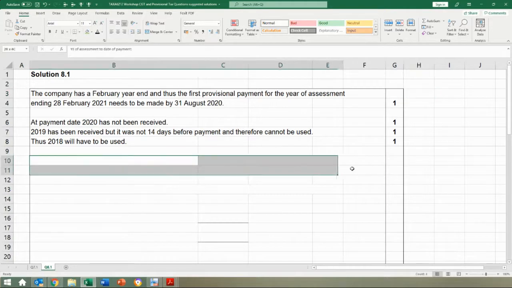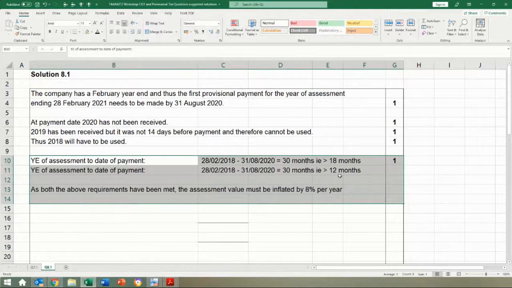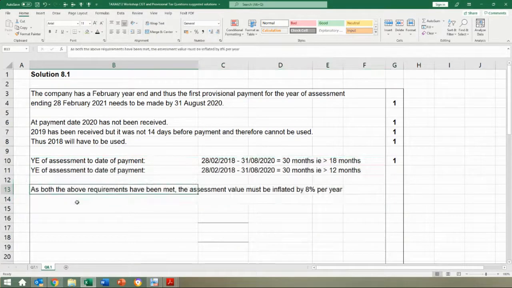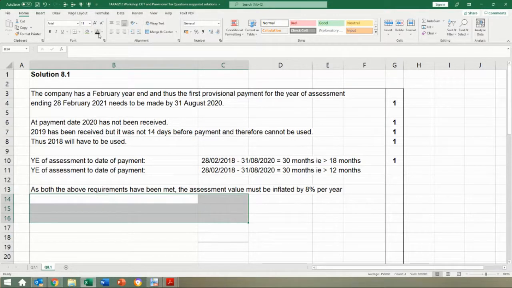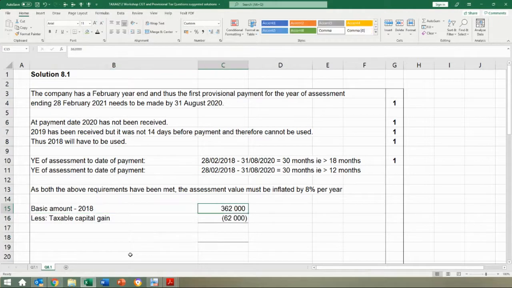So you start with the basic amount, and then you increase it because we are more than the requirements. So now we have to inflate it by 8% per year. Doing that calculation, you start with the basic amount for 2018 of 362,000. You take out the taxable capital gain, the reason being it might not have occurred every year.